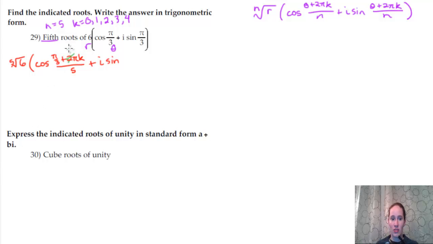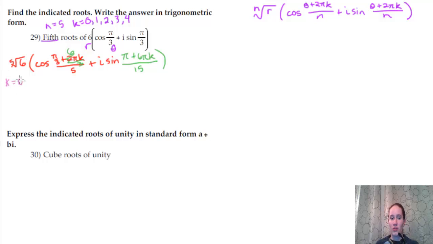Instead of this 2, I'm going to make it a 6, so that this is over 3. That gives me pi plus 6 pi k on top over 3, but it's over 3 and over 5, which means it's really over 15. And if you need to work that out in a more step-by-step fashion, then please do.